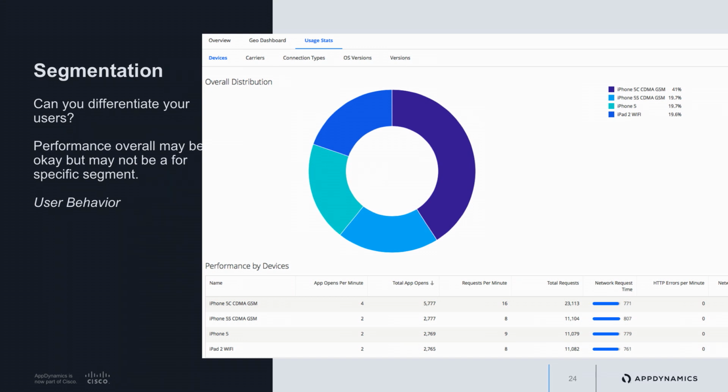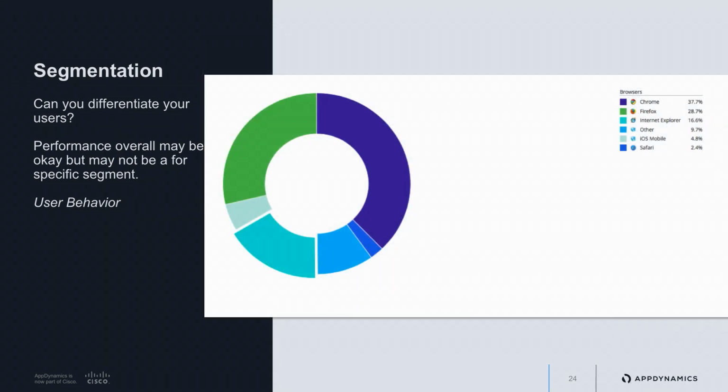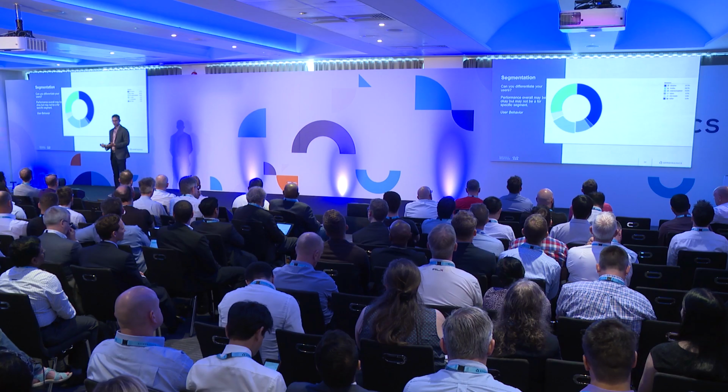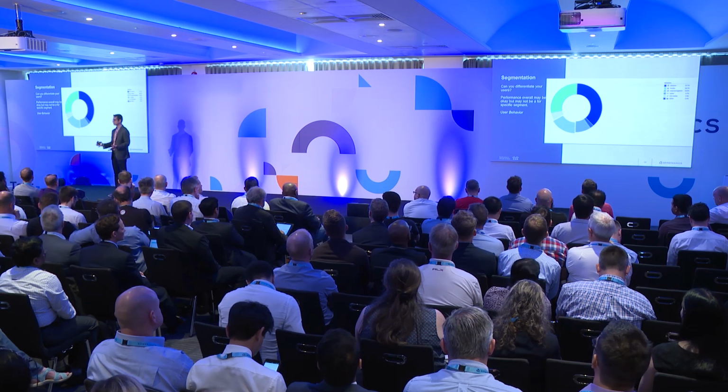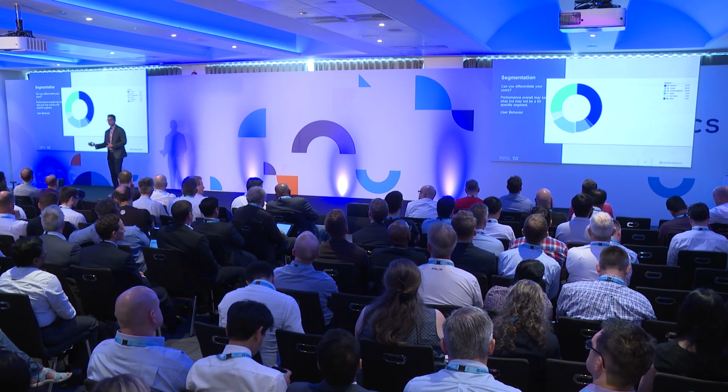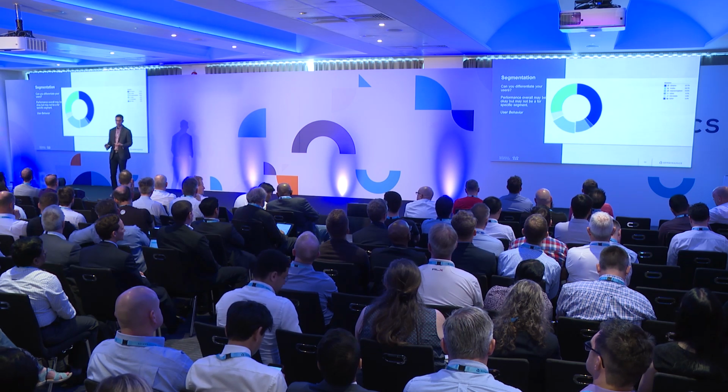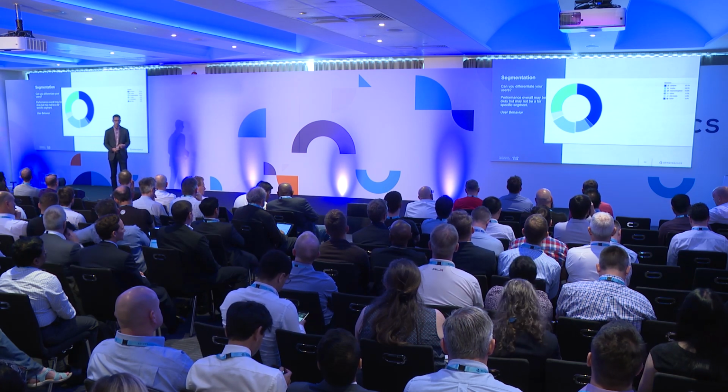For example, in this browser case, if all of the world is moving on to Chrome, but my users are stuck on IE or maybe Safari, then when issues happen on Chrome, you may not care as much, but you may care about these issues when they happen on IE or Safari. Those are the kind of data points you can pick up from this segmentation.